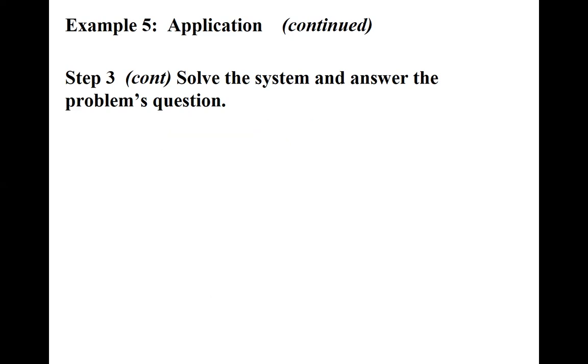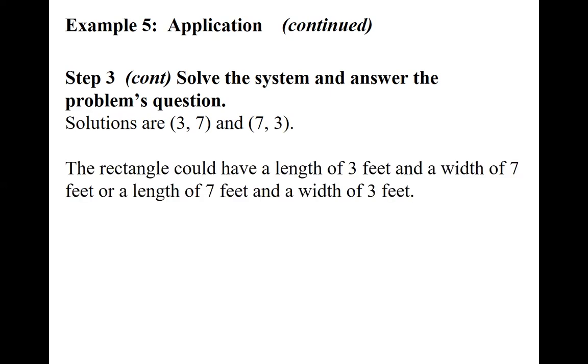So we found two solutions. And we have to translate what that means in terms of this problem. Remember, x was the length and y was the width. So the rectangle could have a length of 3 and a width of 7, or it could have a length of 7 and a width of 3, to give us the perimeter 20 and the area 21.